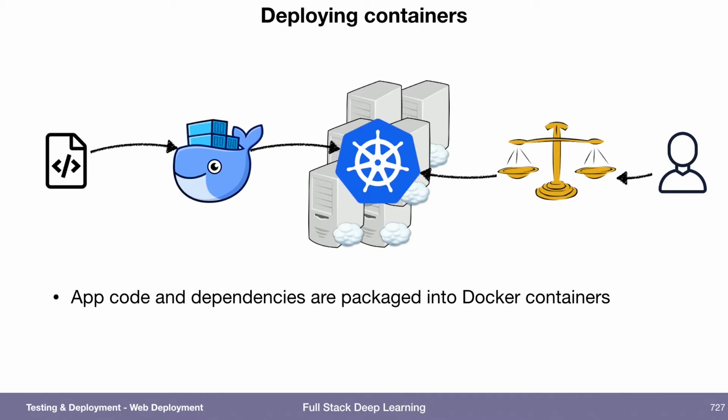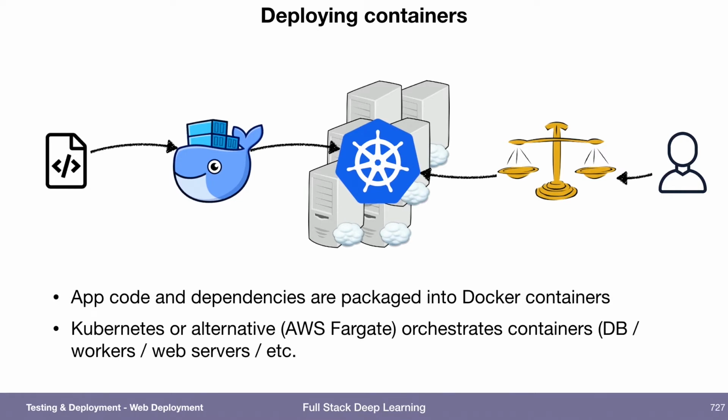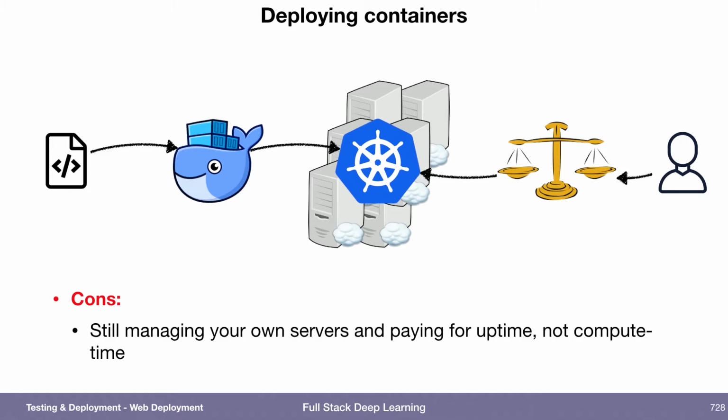But the crucial thing is that Docker is the intermediate kind of artifact. The cons to that is that even though it's now a nicer experience because it's not as brittle, you still have to auto-scale the servers. You're still paying for the uptime of the underlying servers and not just the execution time of your container.